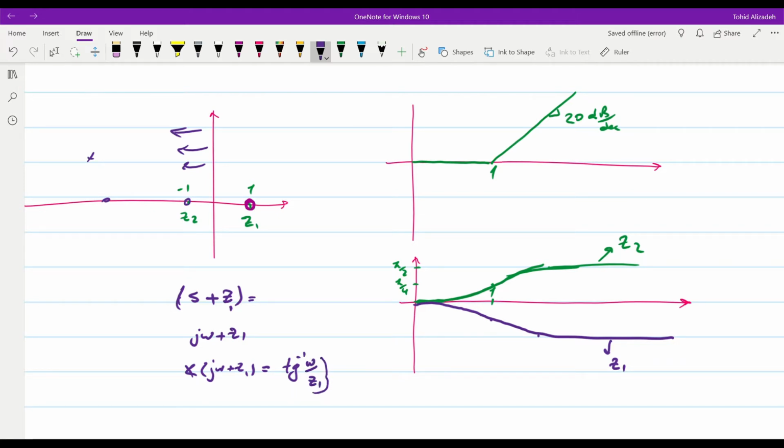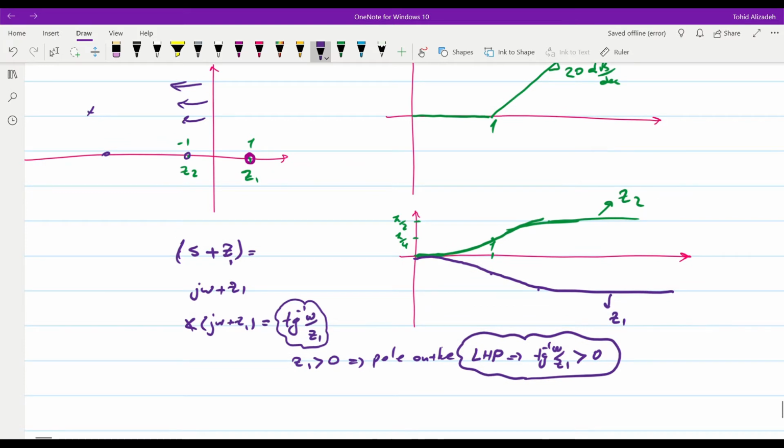Now, if Z1 is positive, when Z1 is bigger than 0, meaning that we have the zero on the left half plane, or our system is minimum phase, then this inverse tangent of omega over Z1 will be bigger than 0, generally. But when Z1 is smaller than 0, meaning that we have the zero on the right half plane, and we have a non-minimum phase system, then the inverse tangent of omega over Z1 will be smaller than 0.